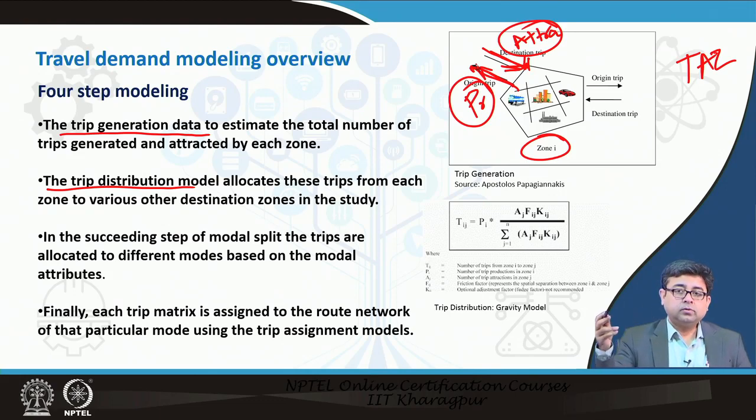So which is that zone, right. So we need to assign it to that zone. Similarly, if a trip is being attracted to this zone, it must have been produced in some other zone. So where is this trip coming from? The trip distribution model predicts that. It predicts where these trips that have been generated are coming from or going to.